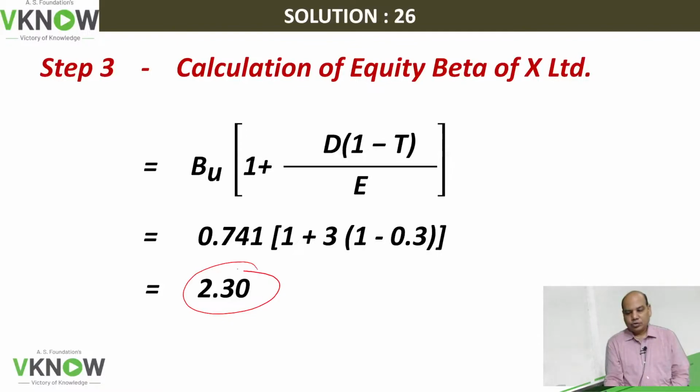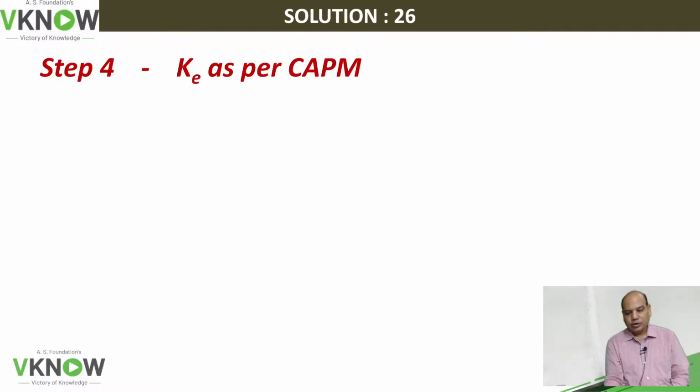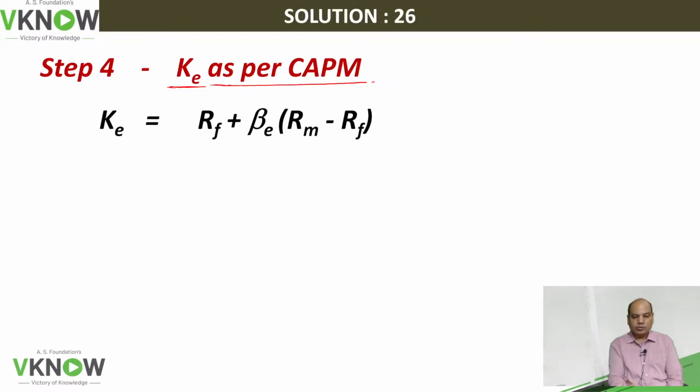Okay. Now we can compute cost of equity as per CAPM. Formula: RF plus beta of equity into RM minus RF. You can round off to two digits.